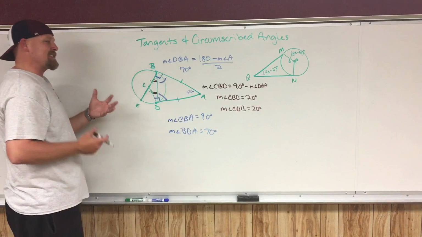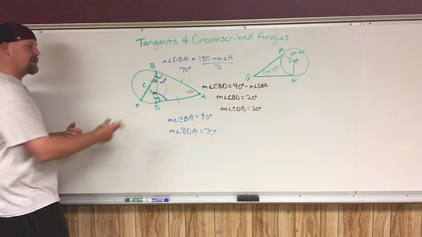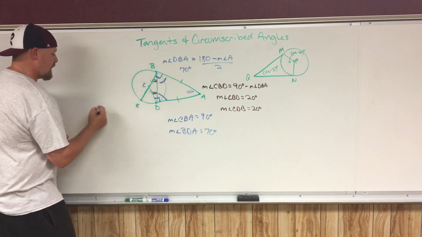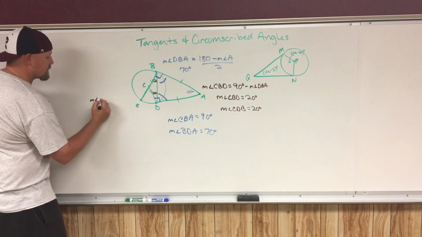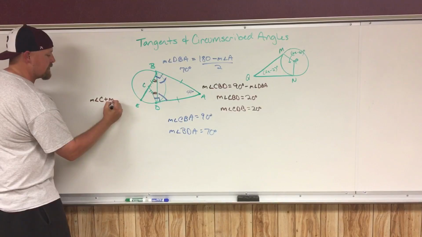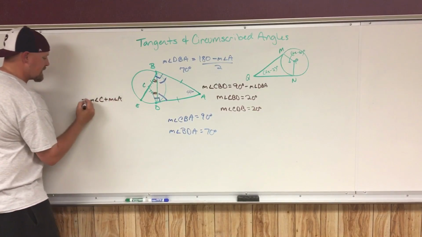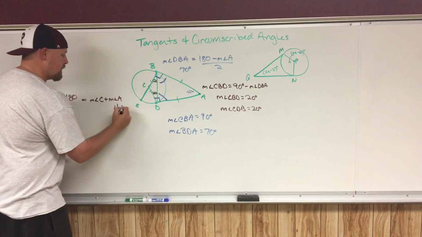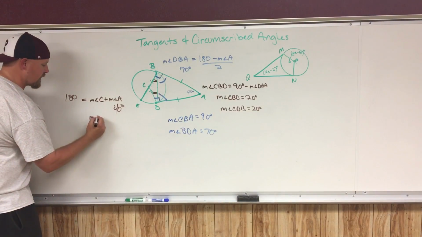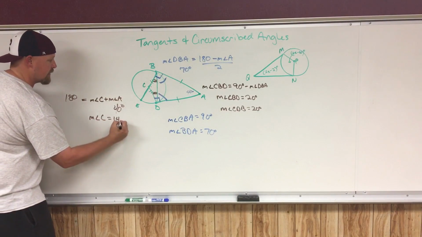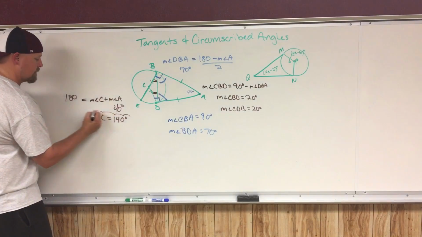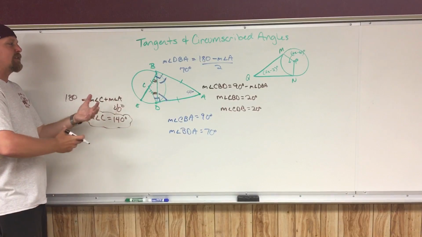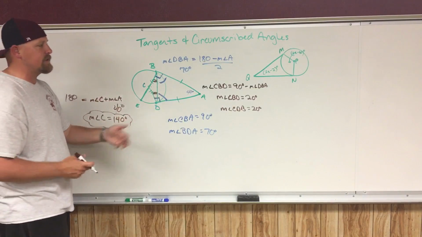But I don't necessarily need these two, because 90 and 90 make 180, which is half of 360, which tells me that the measure of angle C plus the measure of angle A is equal to 180 degrees. Well, I know angle A is 40, which means the measure of angle C is 140. And so that's how we identify and solve for the angle measures for all these things.